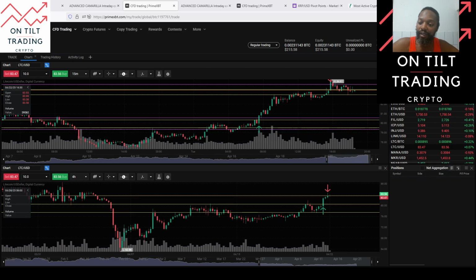And the R7 level was the first level above this target, which coincides about right here. This wound up being a 5-to-1 trade, like a 5.6-to-1, but I'm just going to call it a 5.1 reward to risk ratio on this trade. So I think it worked out pretty well.